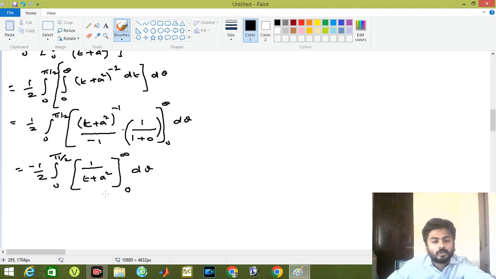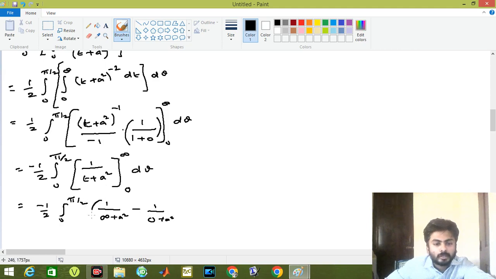Here you will have minus 1 by 2 integral 0 to pi by 2, 1 divided by infinity plus a square minus 1 divided by 0 plus a square, upper limit minus lower limit, into d theta.